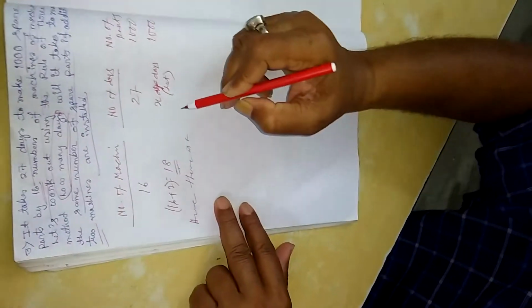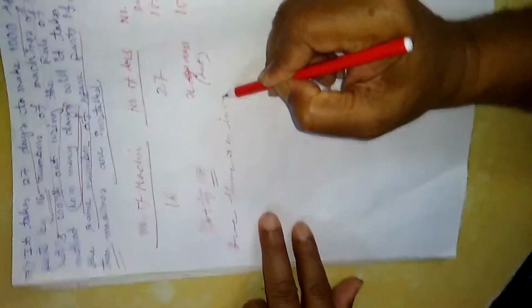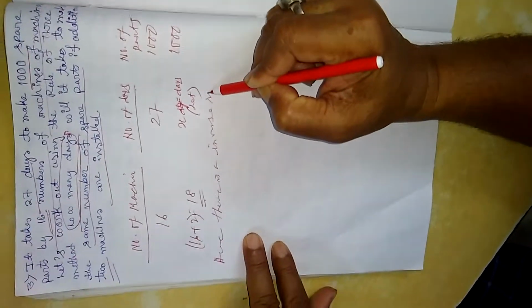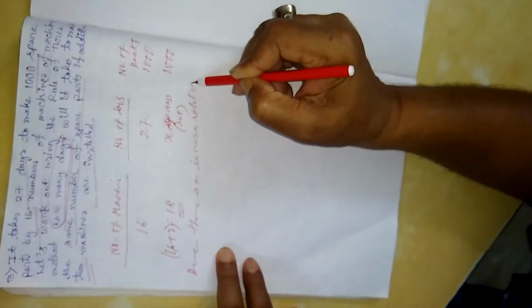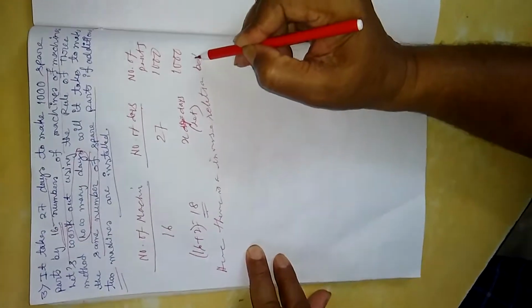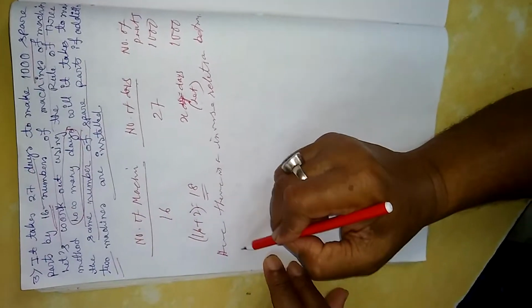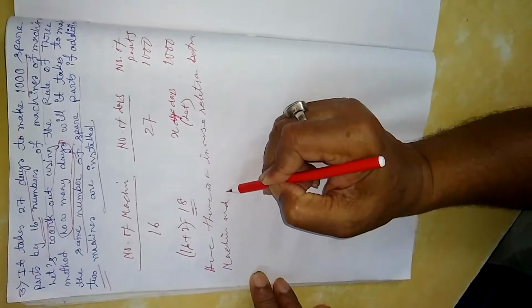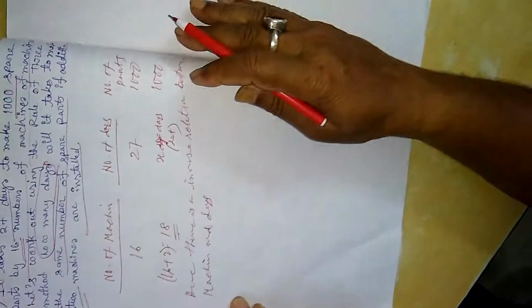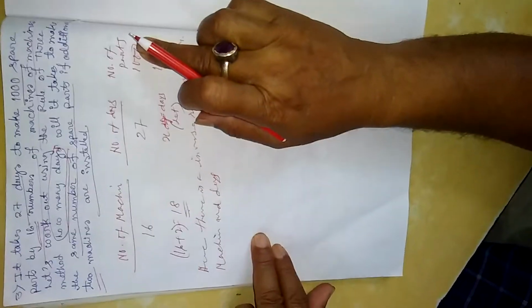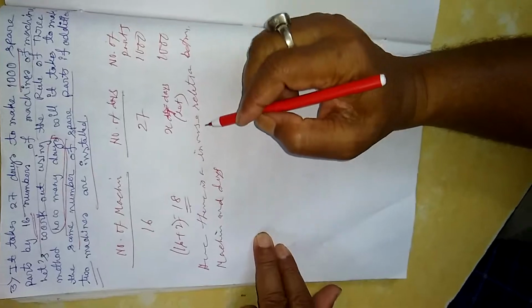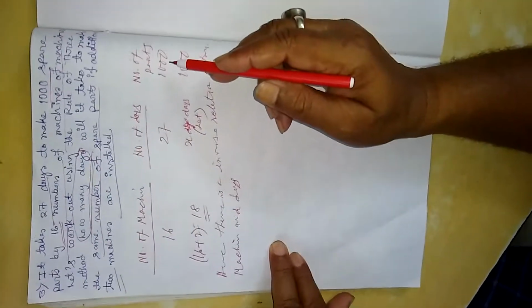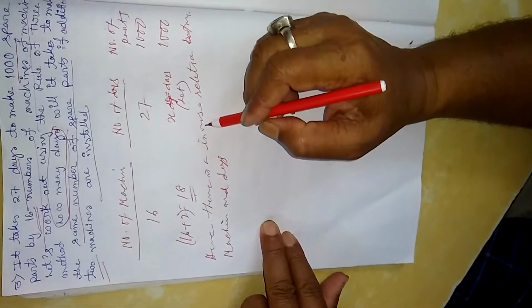an inverse relation between machines and days. And between days and parts there is a direct relation. More parts can be made in more days.